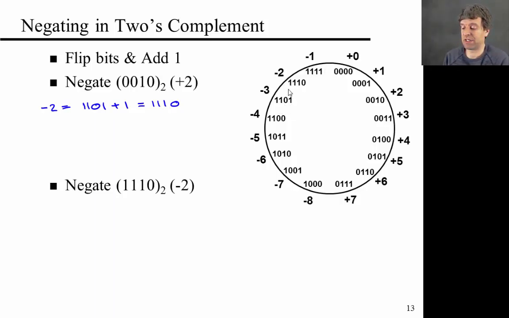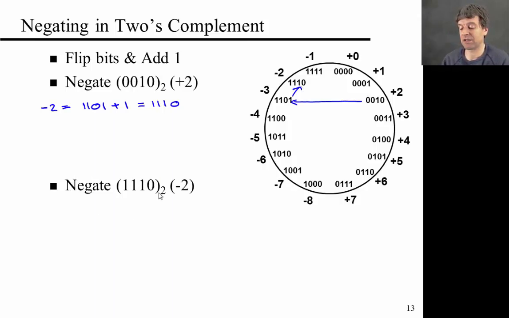And looking at this representation over here, you can see that -2 is in fact 1, 1, 1, 0. And so what you've done here essentially is you've started with the number +2 here. You've flipped all the bits, which actually gives you -3, and then you've added 1, and that gets you to -2.